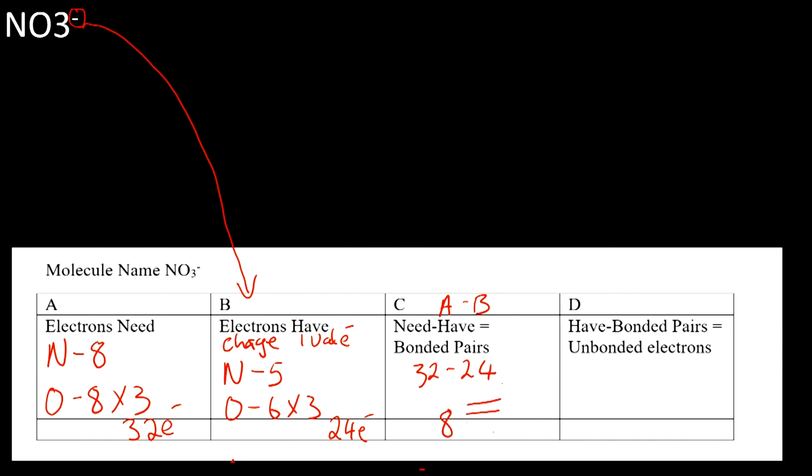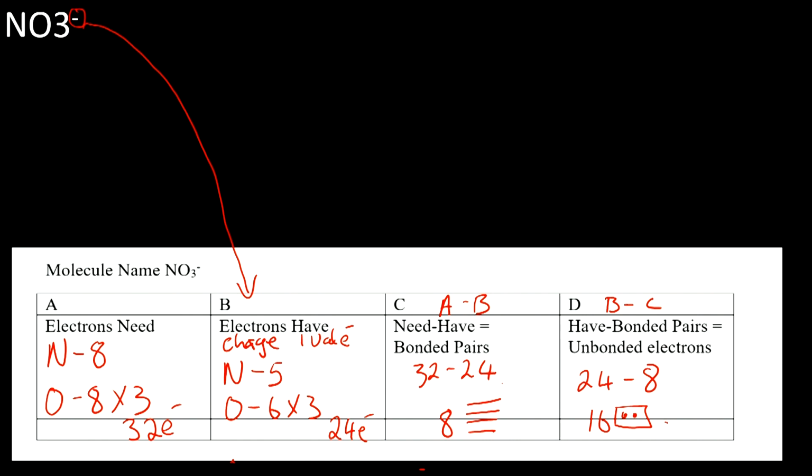So 1, 2, 3, and 4. And then for our unbonded electrons, it will be B minus C. So B is 24, C is 8. So we're going to have 16 electrons. I'm not going to draw them out, I'll just put them in a box there, but we have 16 of them.